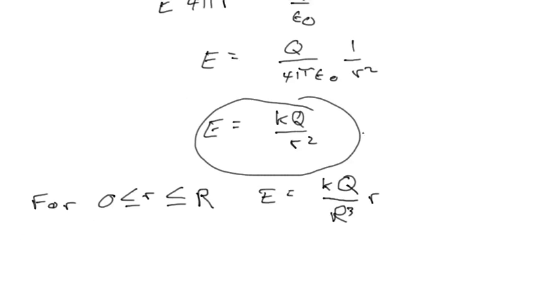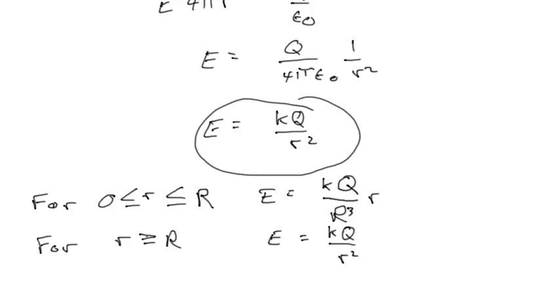And for little r greater than or equal to capital R, E is equal to K Q over r squared.